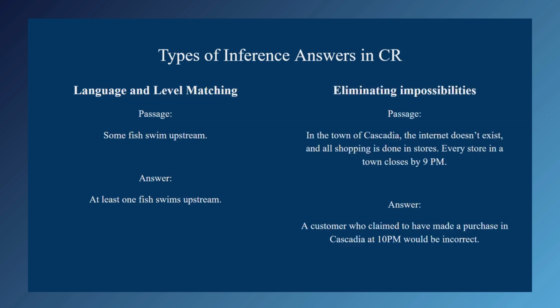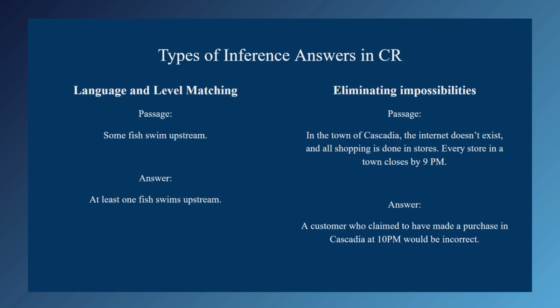And finally, eliminating impossibilities. Sometimes the correct inference is just what cannot be true based on what we're told. If we know that in the town of Cascadia, the internet doesn't exist, and all shopping is done in stores, and that every store in town closes by 9 p.m., then a correct inference answer could be a customer who claimed to have made a purchase in Cascadia at 10 p.m. would be incorrect.